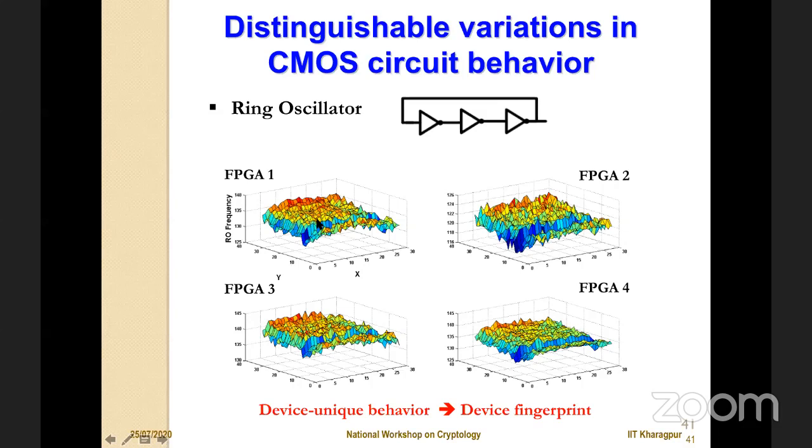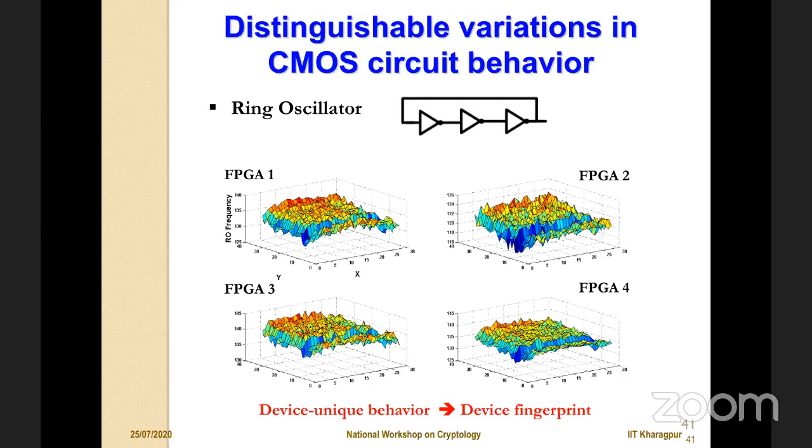There are small variations in the frequency, and the variation is also dependent upon the XY coordinate on which you are siting the particular ring oscillator. And if you take 2 FPGAs, you will find differences in the frequency, and it is kind of unique. So if you take this snapshot of one of the FPGAs, you have a mechanism of getting what is called a device fingerprint.